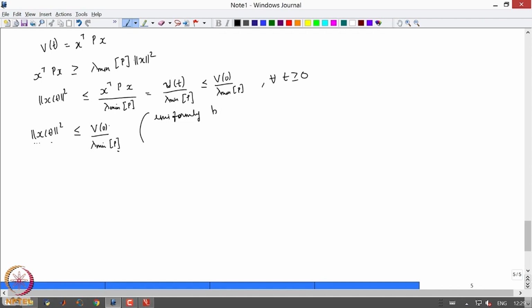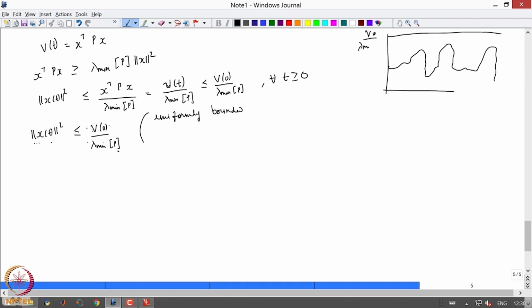Sorry, that whatever happens, the solutions, maybe they start here, they go here, and whatever, they will always be bounded by this number here, V0 by lambda min of P. So, this is uniformly bounded, and therefore, I can at least now with this step say that the system is stable, marginally stable, so to speak.